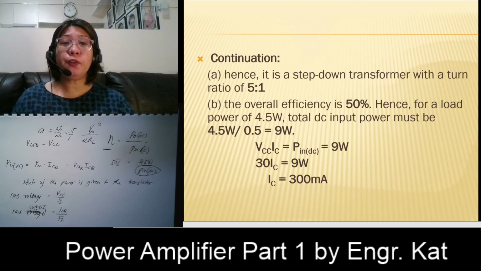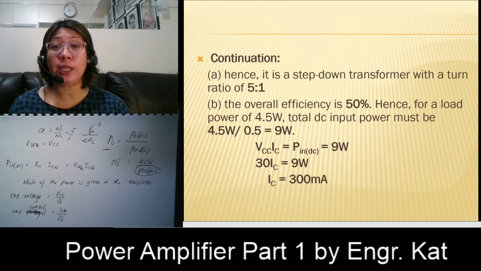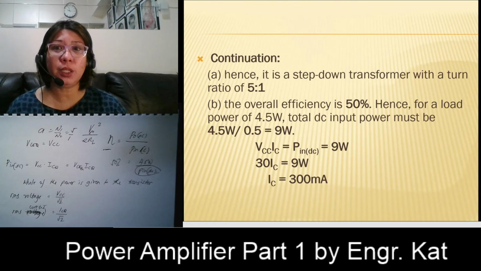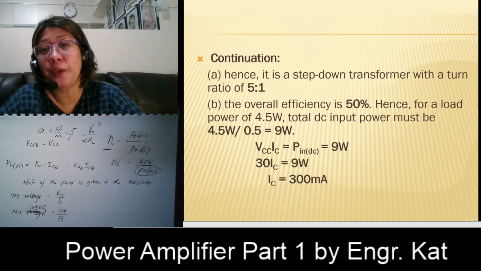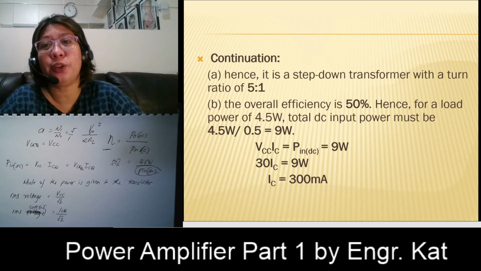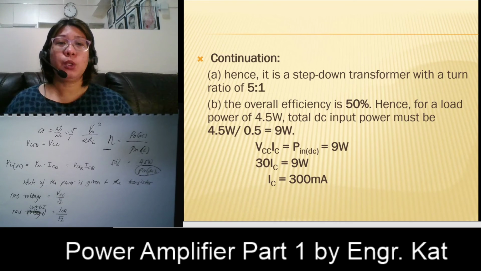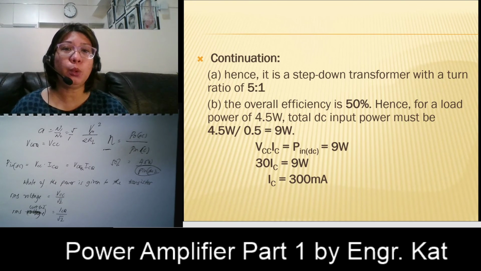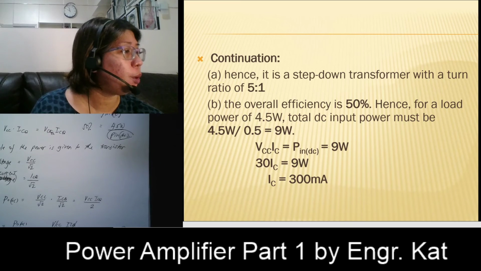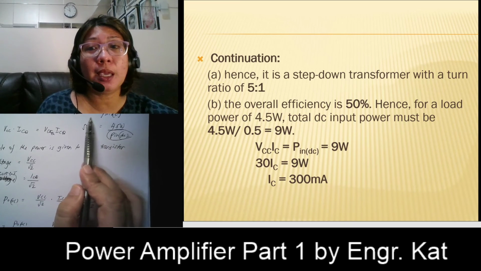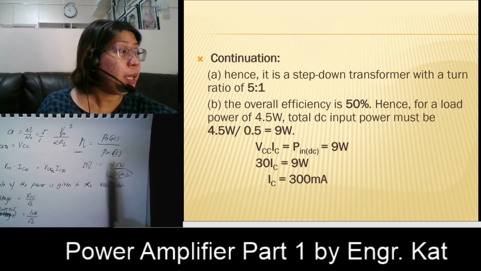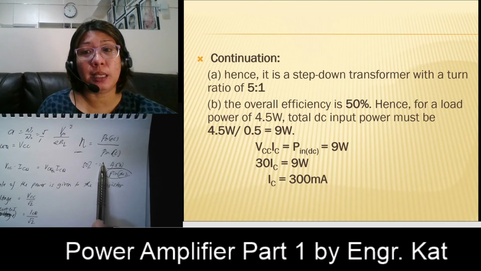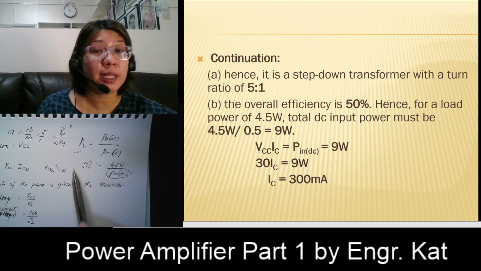Okay, so the overall efficiency is 50%. Why did we use 50%? Because it says in the problem that it is optimal, so we can safely use 50%. Why 50%? Because we are transformer coupled. So for the load power of 4.5, efficiency is PO AC divided by P in DC. We can use 50% here.